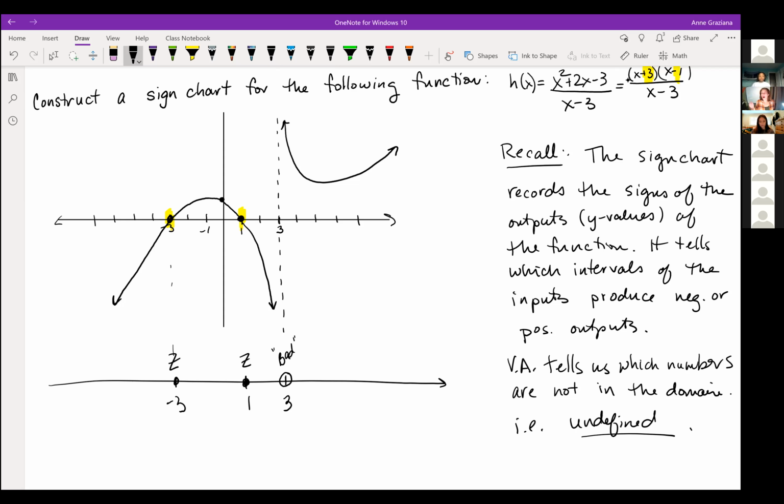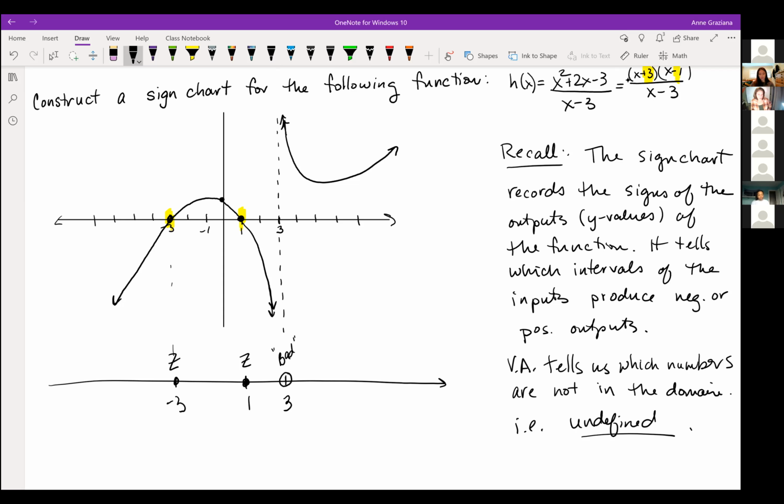Also, it means there's no output at x equals 3. You guys see that? This graph is gonna approach the asymptote, but it is never gonna cross it. So no matter how far up that asymptote I go or how far down, I will never actually touch the graph. That's what that means, okay?